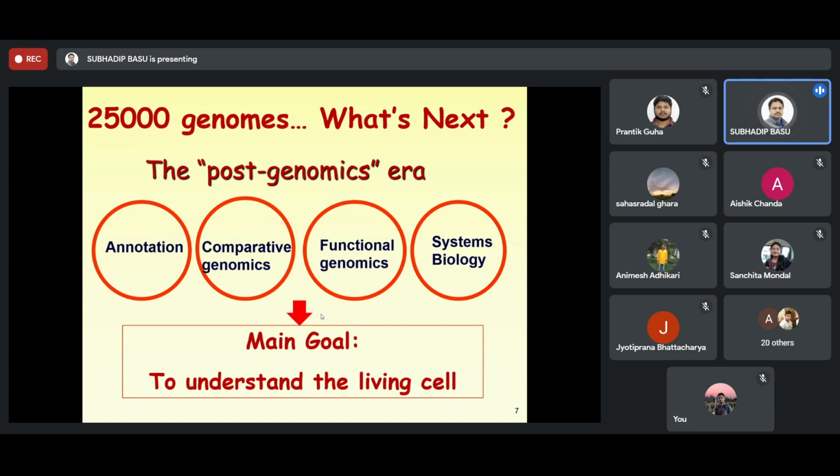There are many things that are important in this, like how we annotate. I'll discuss what we mean by comparative genomics, annotations, functional genomics, and systems biology. The main objective is not just decoding the genome, but understanding the living cell. Even if you model the activity of one single cell, then you may probably solve a big mystery.